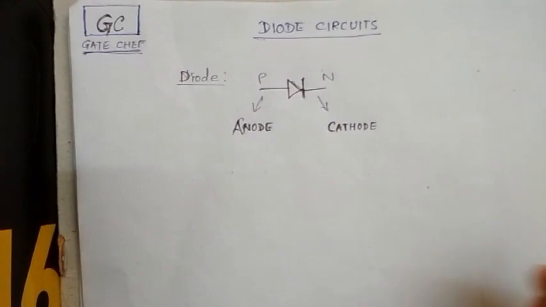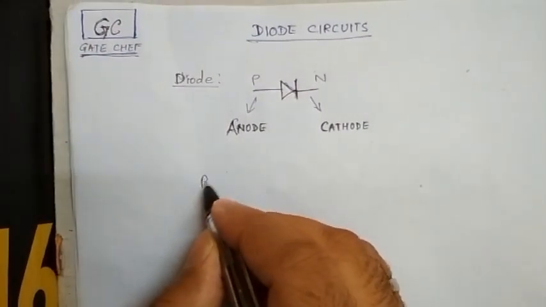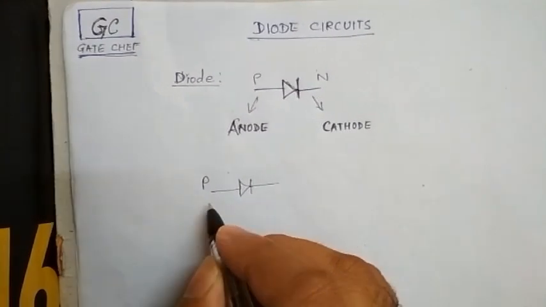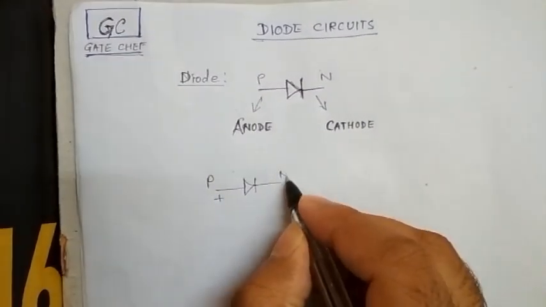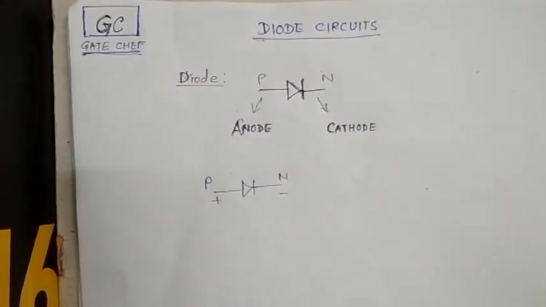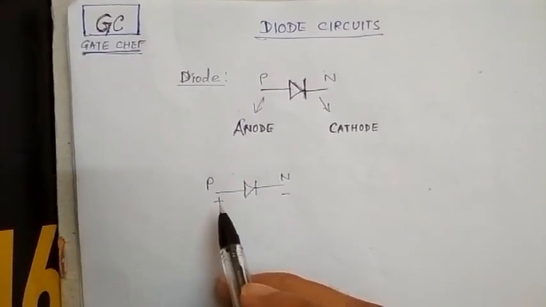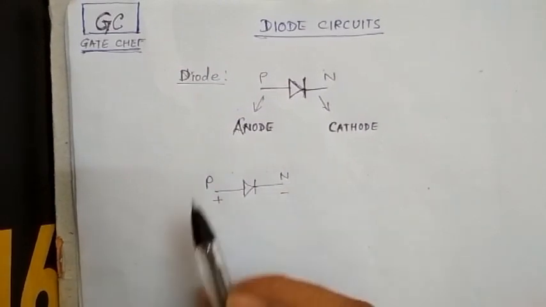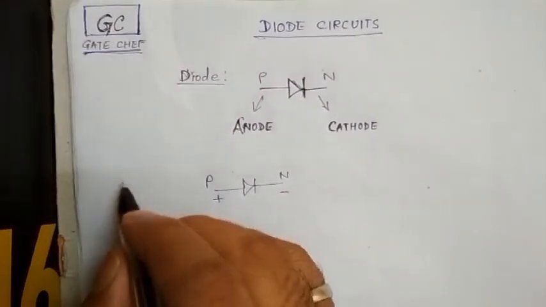In forward bias, the P terminal is connected to the positive and the N terminal is connected to the negative. So the application of the positive and the negative voltage across the diode is actually what biasing is.